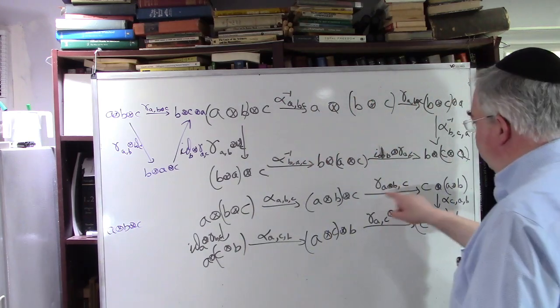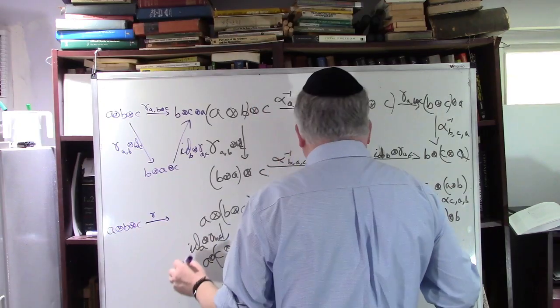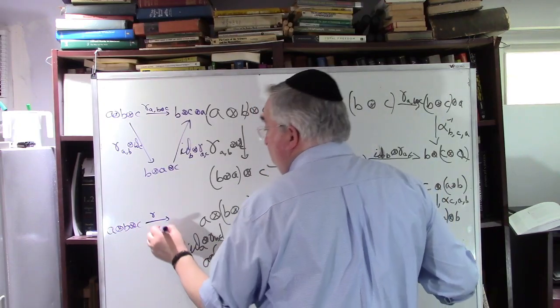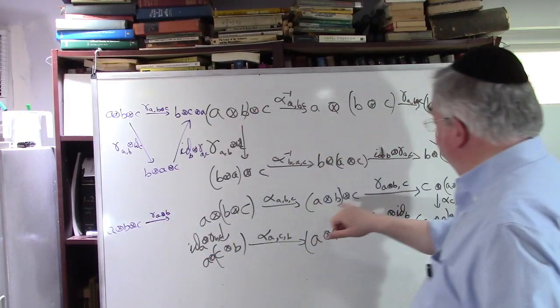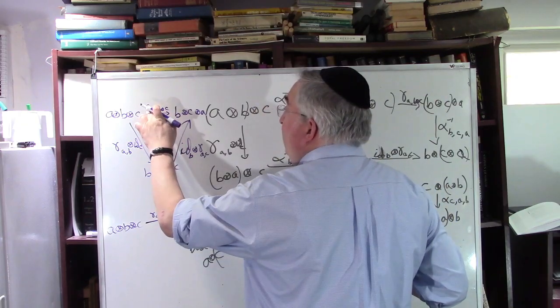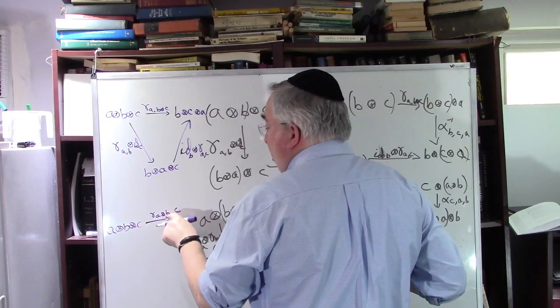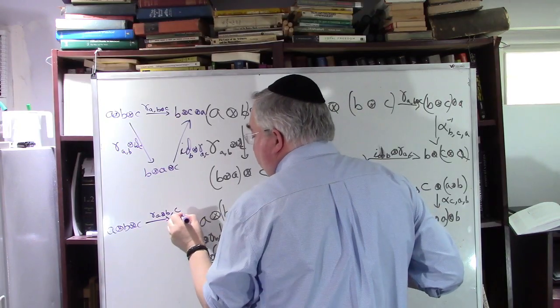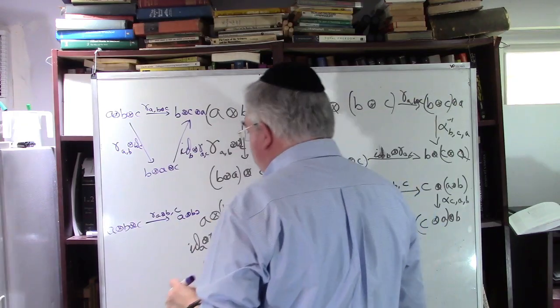Okay, and we're gonna do this. This is gamma of A tensor B comma C. Okay, that's different than before. So here we had gamma of A comma BC, and here we have A tensor B comma C, and so this becomes, whoops, let's do that right.